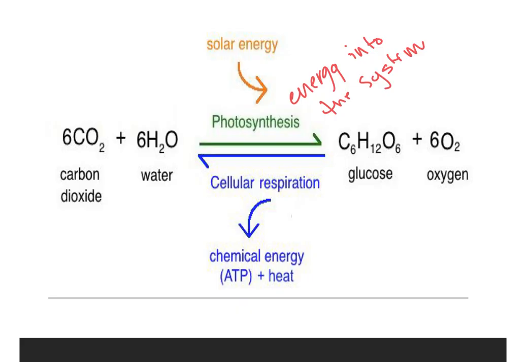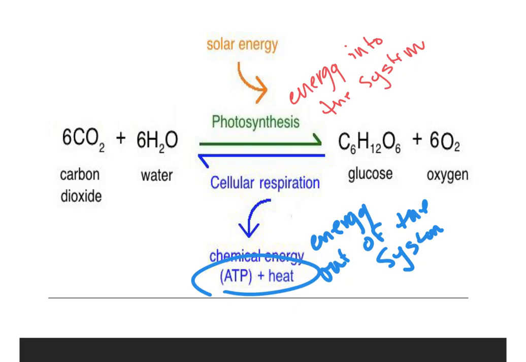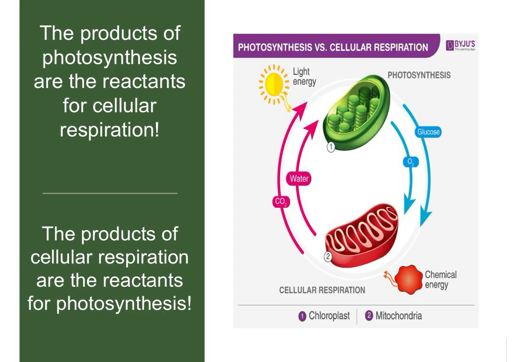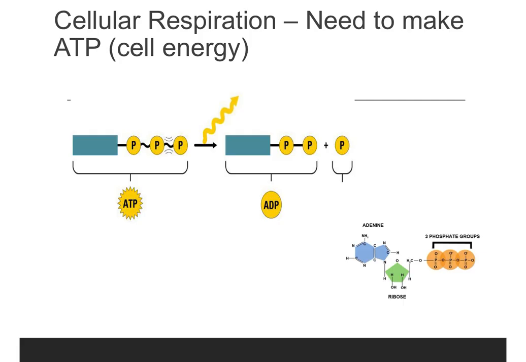Cellular respiration is the process of bringing energy out of the system, so we get it in terms of ATP and heat. With photosynthesis, the end goal is to make that glucose molecule. Again, the products of photosynthesis are the reactants for cellular respiration and vice versa.